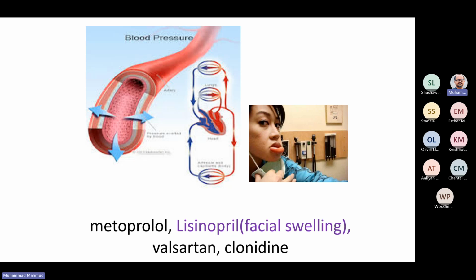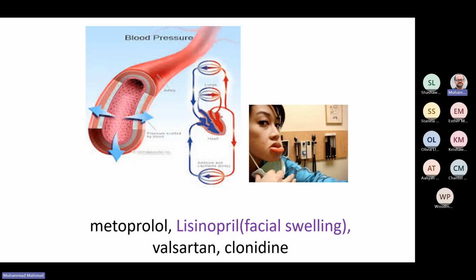But unfortunately for this patient, while she was taking lisinopril, she developed facial swelling. So this can happen. Some medications may have some side effects. We have to be aware of those things. So in that case, we'll have to contact the provider and discuss the other options.